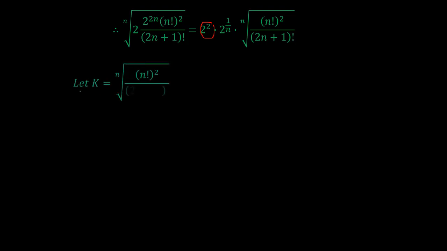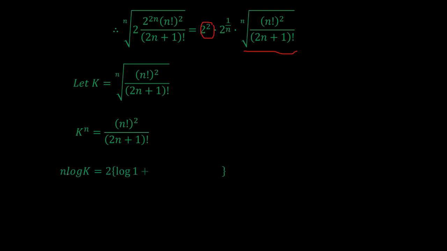So focusing on that, we say let k be equal to this remaining part here. That's kind of nebulous because I want to figure out what is the limit of this value as n tends to infinity. So k to the power n is n factorial squared over 2n plus 1 factorial.